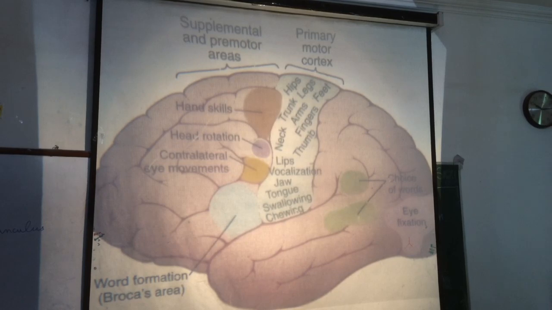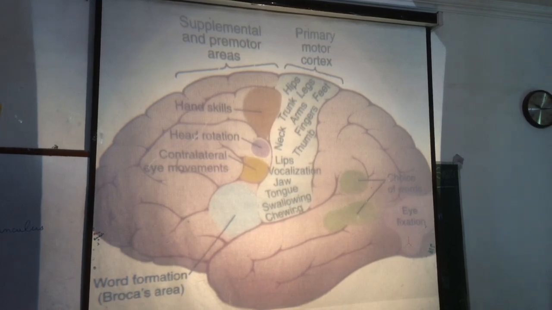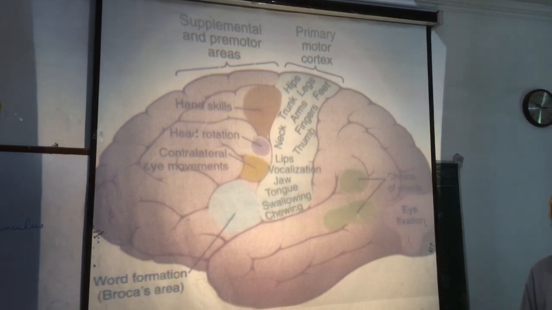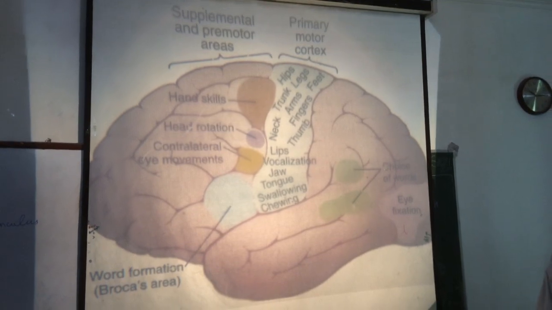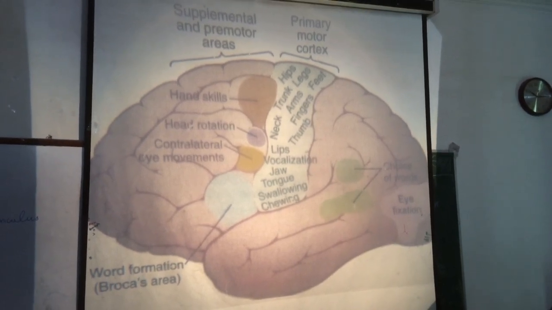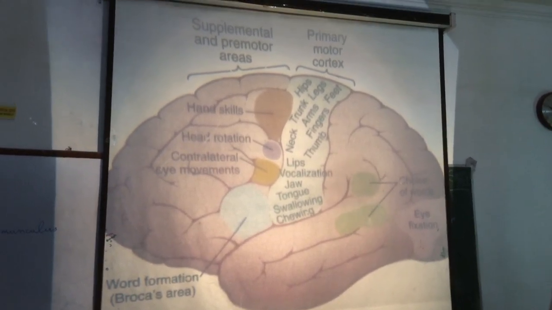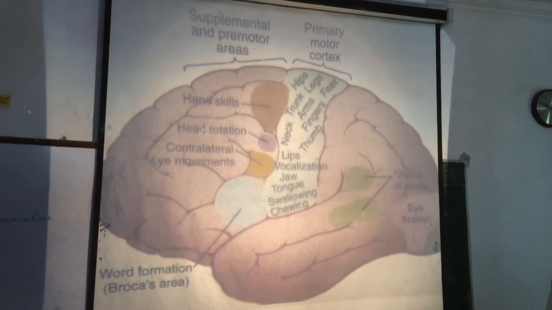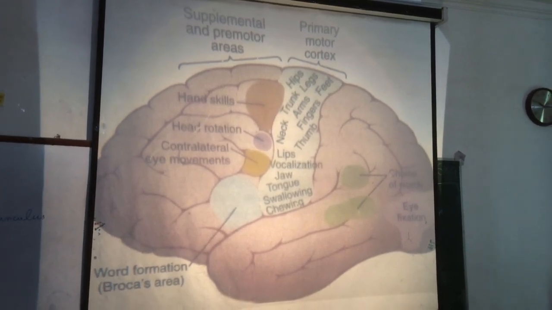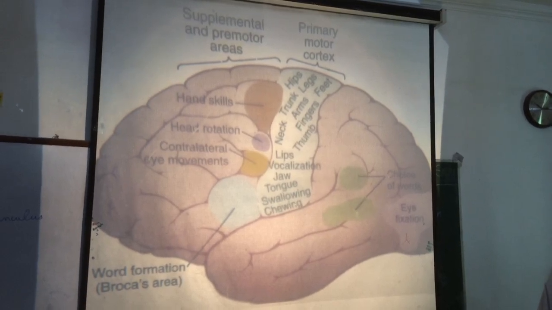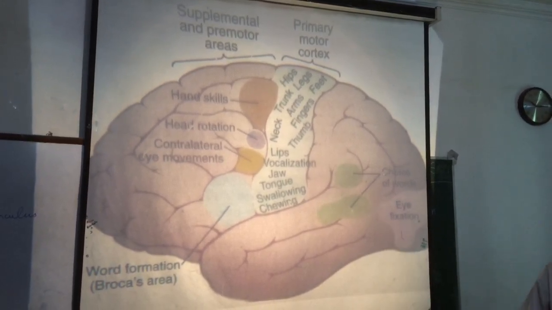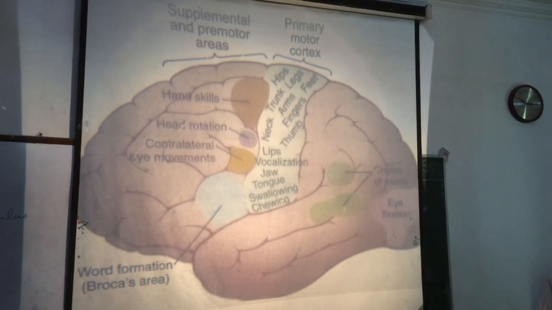In this area, body parts are also represented. Face is anterior, legs are posterior, back is towards the cingulate sulcus, and other parts are above.